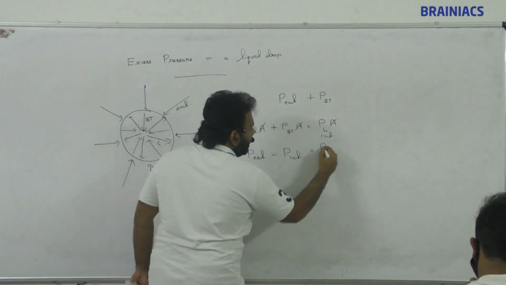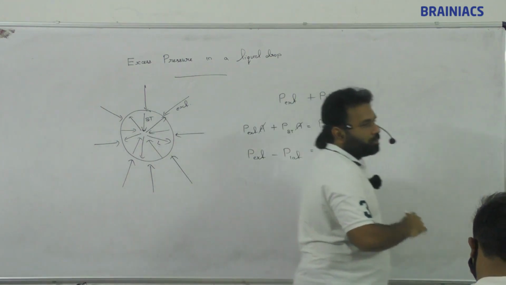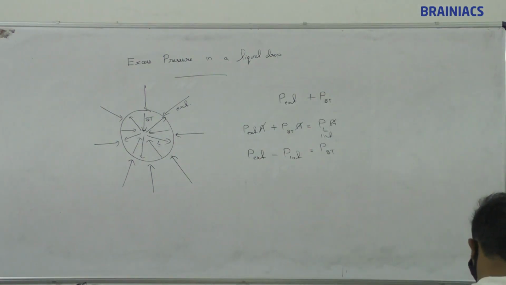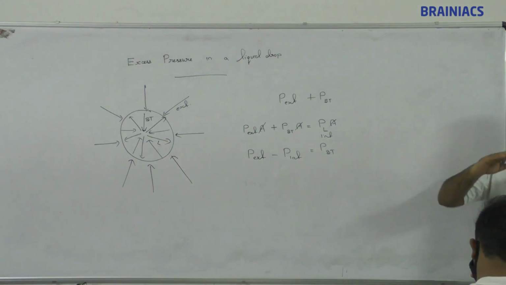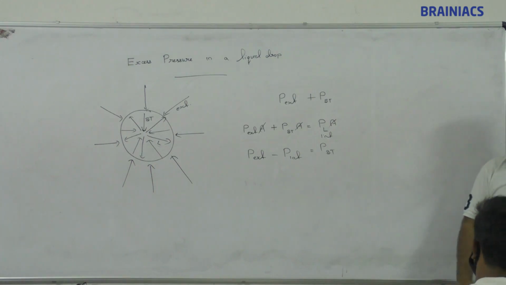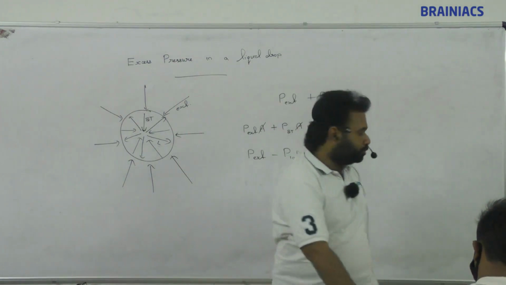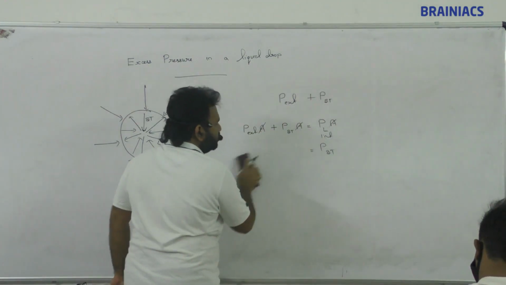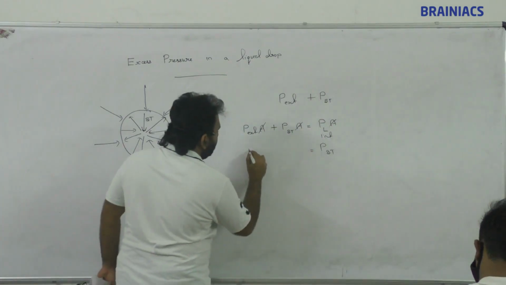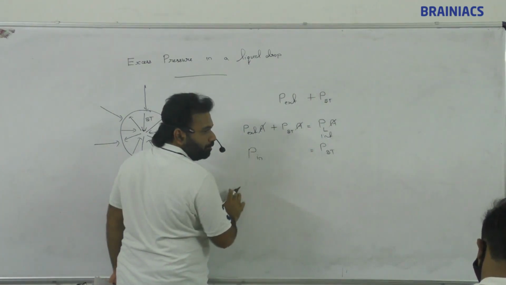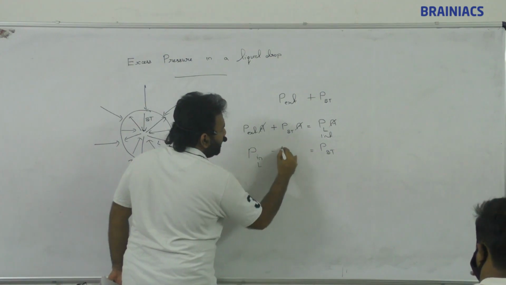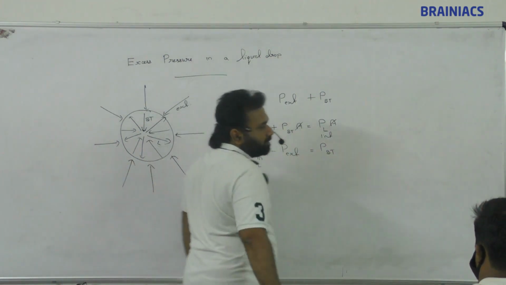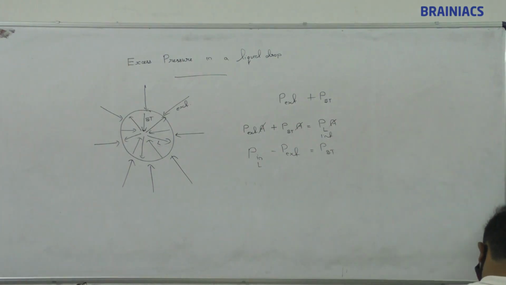What is the difference actually? The difference of pressure from inside and outside is actually pressure due to surface tension. Okay, see, we will write in this way: the internal pressure of the liquid minus the external pressure, the difference is actually the pressure due to surface tension, correct or what?